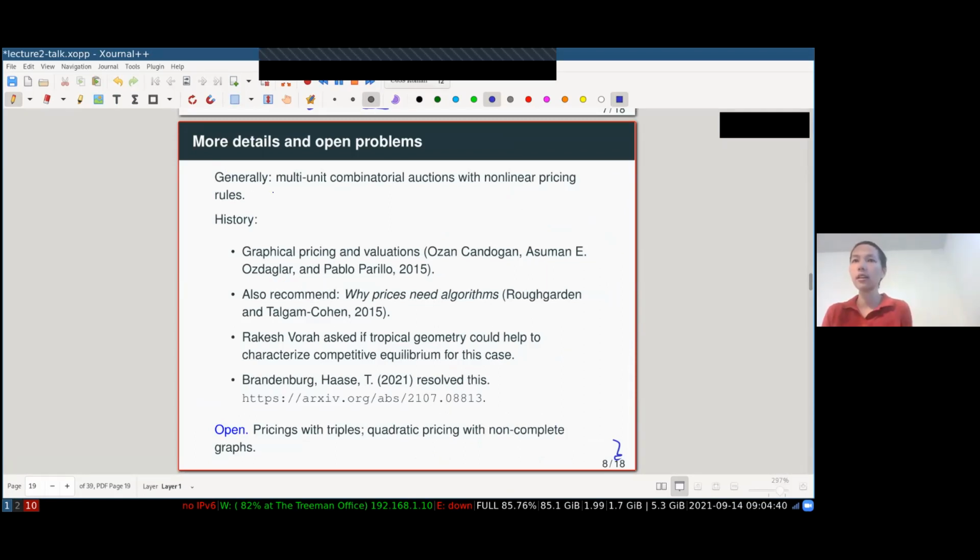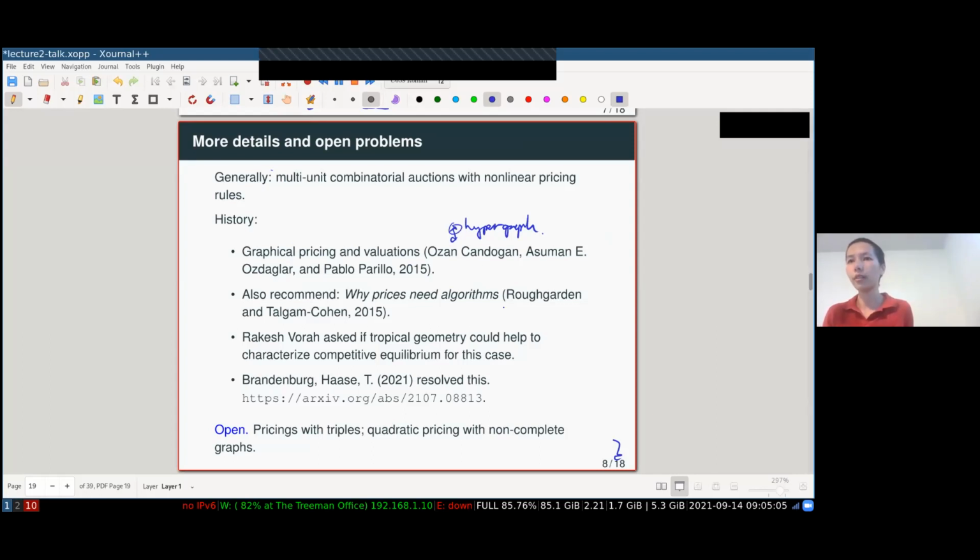Generally, this falls into a literature of people looking at graphical pricing and valuations. I believe in this paper by Candogan, Ozdaglar, and Parrilo, they also do the hypergraph case. They mention it, but they don't prove competitive equilibrium. The analysis of hypergraphs is, at least right now, quite taxing.